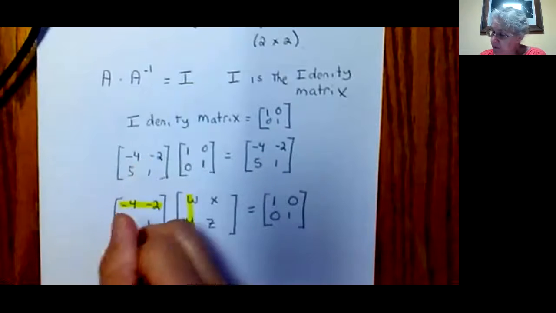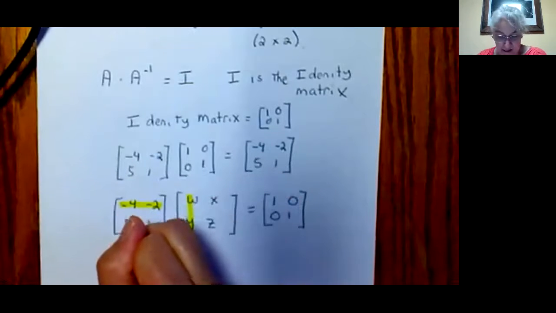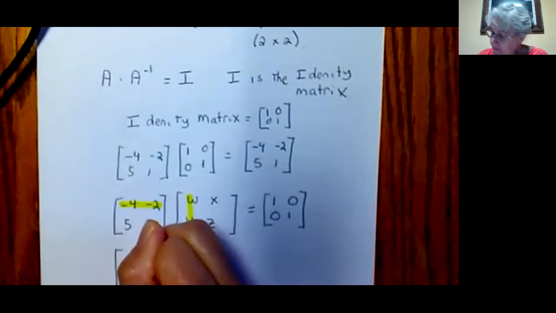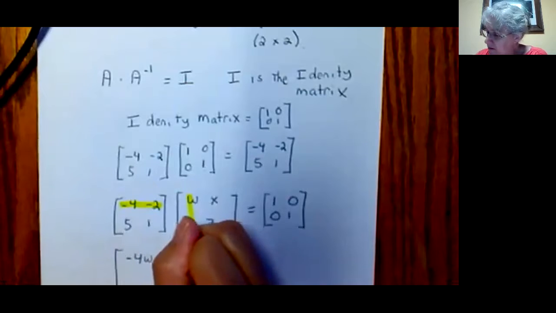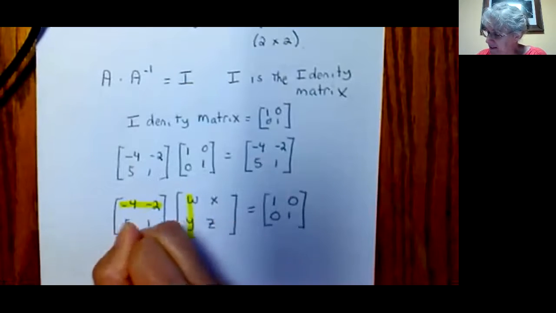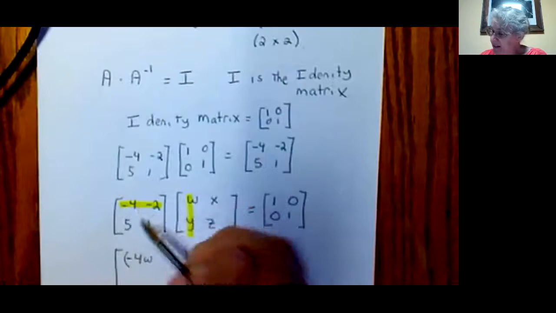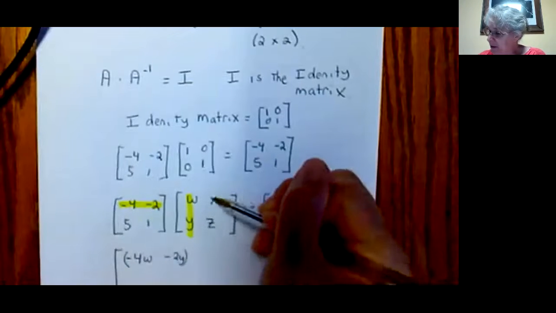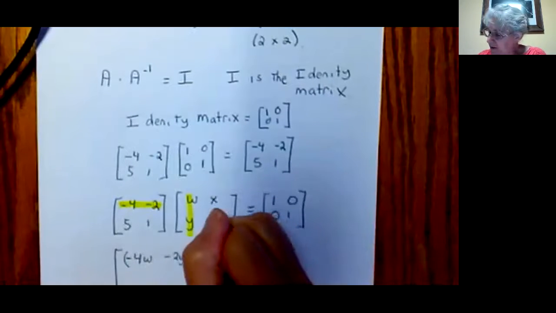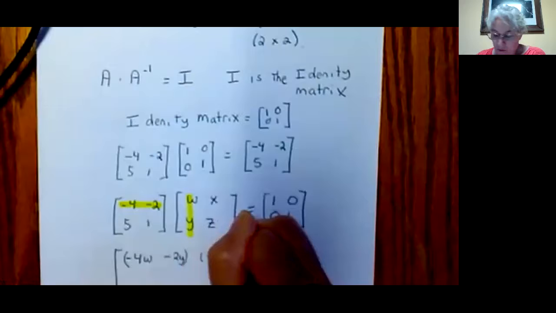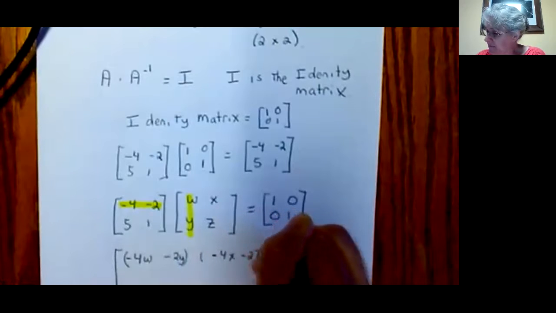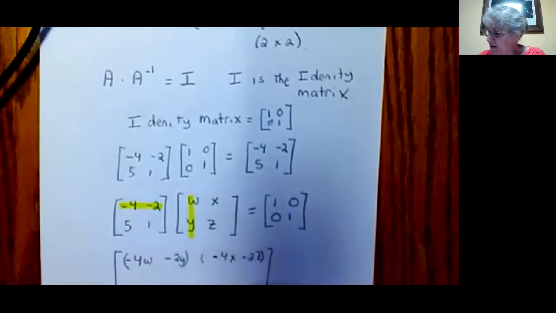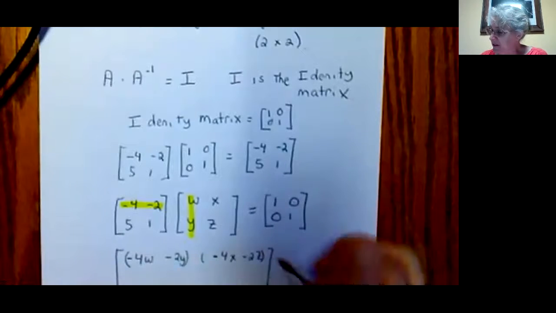So -4 times W and -2 times Y is -4W minus 2Y. Put those in parentheses here. Now we're going to take -4 and -2 and multiply by X and Z, and you end up with -4X minus 2Z, which is our top row of our new matrix.